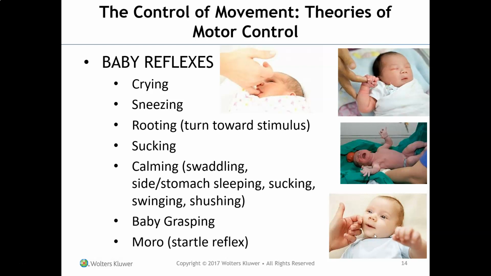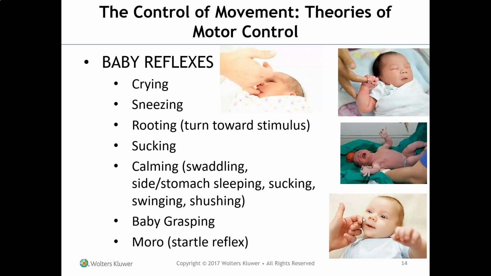Or just the rooting: if you were to stroke the baby's cheek right here, they're going to turn towards it. Okay, and basically, if you were breastfeeding and you kind of nudge towards it, the baby's going to go towards the stimulus and start feeding on that.